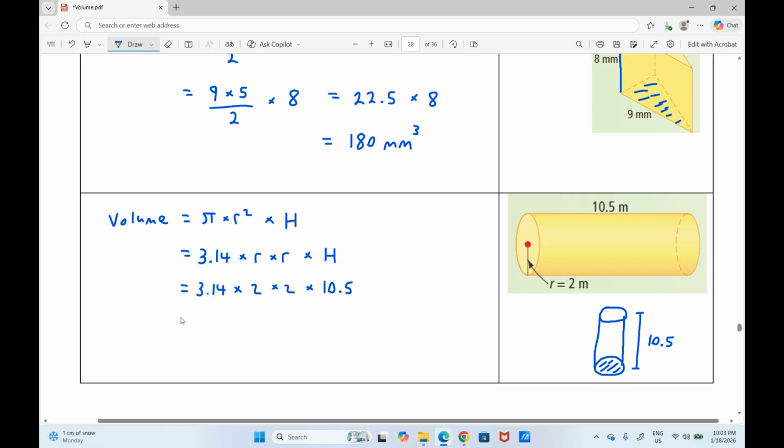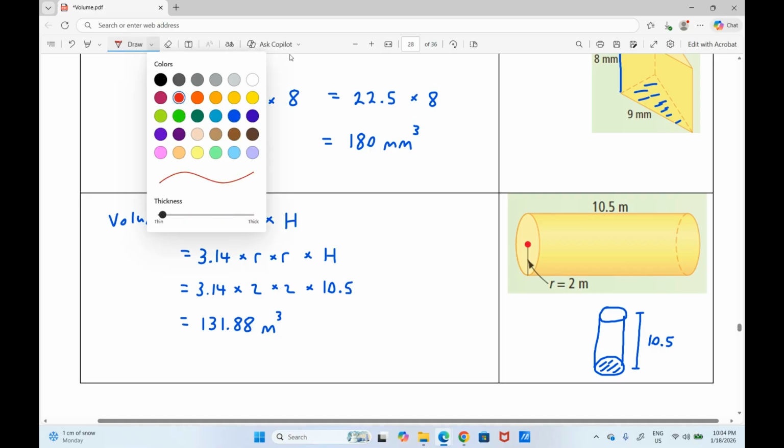If I compute all of that, I would get the answer to the volume of this cylinder, which is 131.88 meters cubed. And that's how you find the volume of a cylinder.